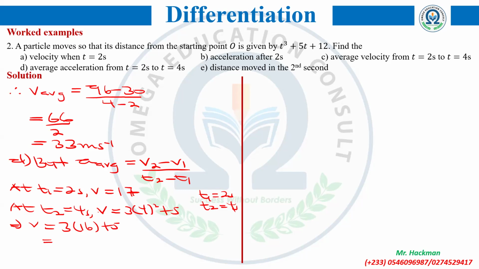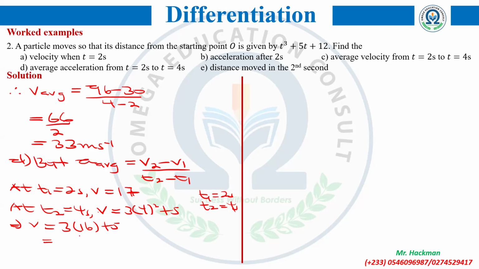So here, let's go. That will give us, do the final one for me. You know, these calculations are for you. 3 times 16, 48 plus 5. Let's finish this one quickly. Our time is almost up.